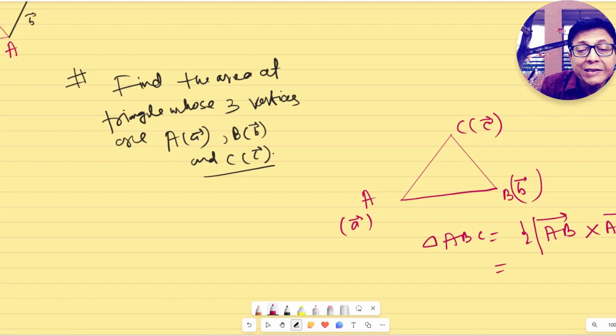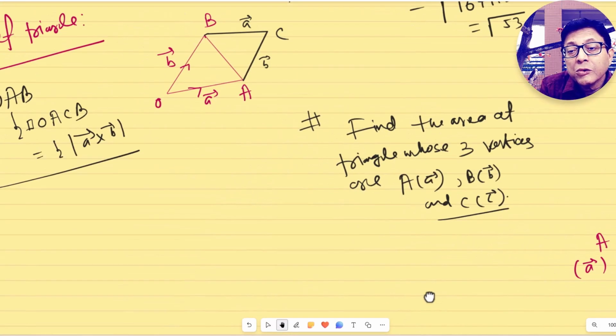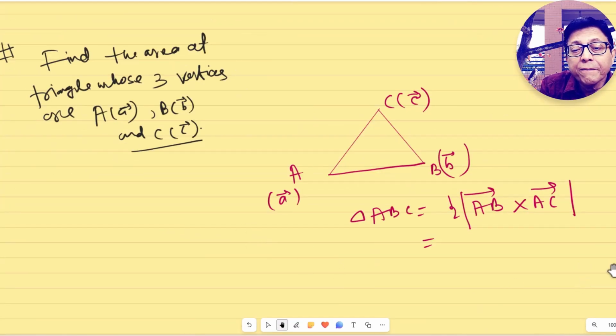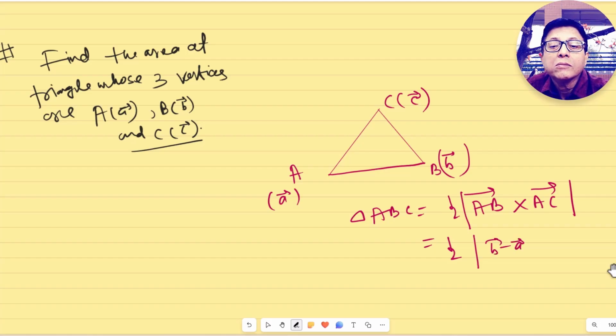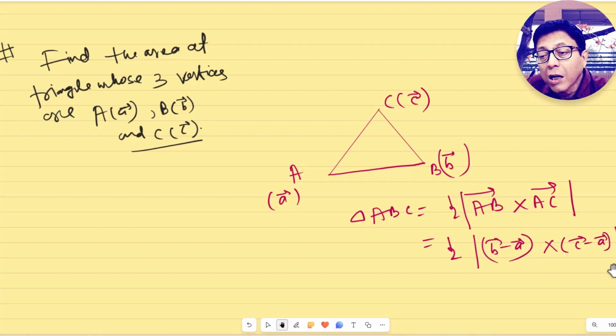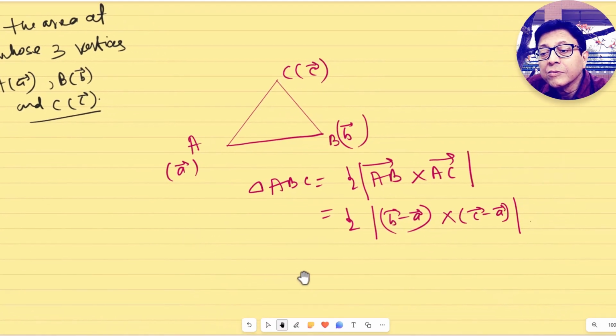So in this case you find those two sides given are position vectors. This is A, this one B, this vector is C. So area is what? Area of triangle ABC. As you have learned, half AB cross AC.